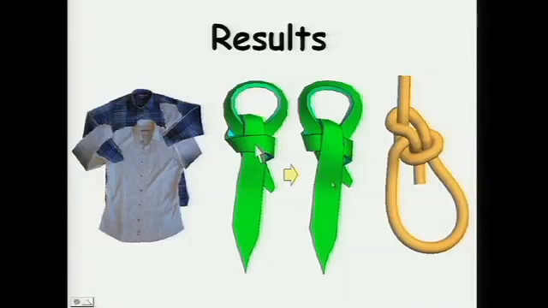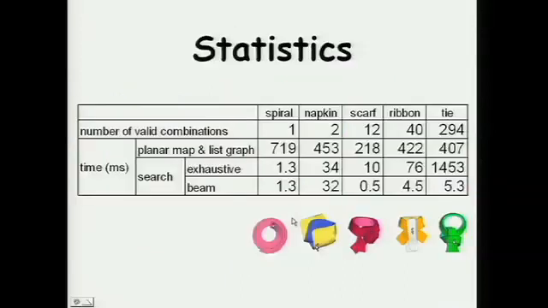And here's a little bit of statistics. The number of valid combinations is bigger in the tie case. In the spiral case, there is only one valid combination. Planar map construction and list graph construction dominate when the combination is filled, so this depends on the number of vertices.